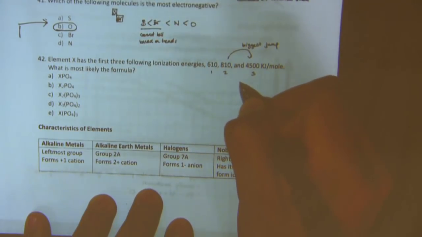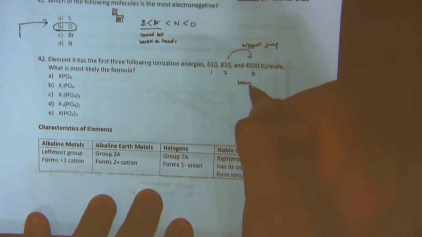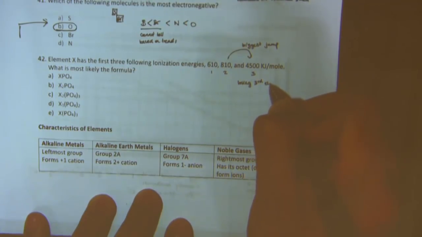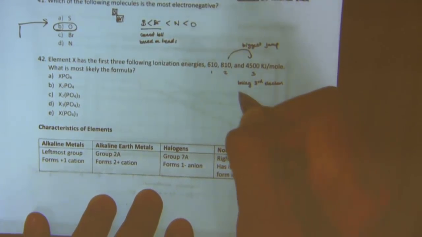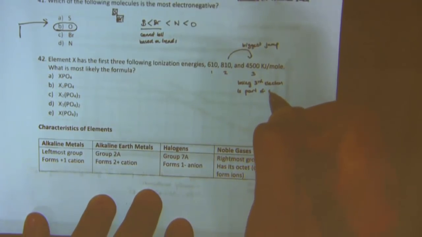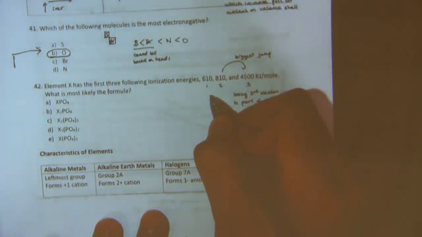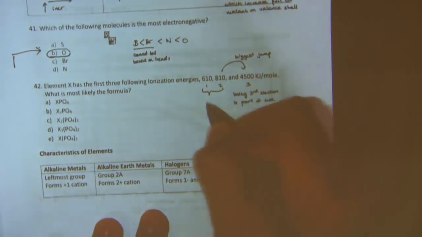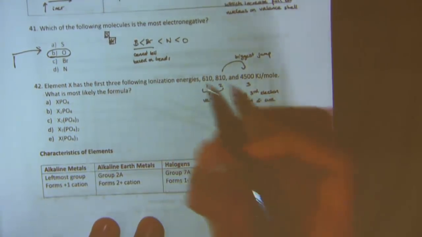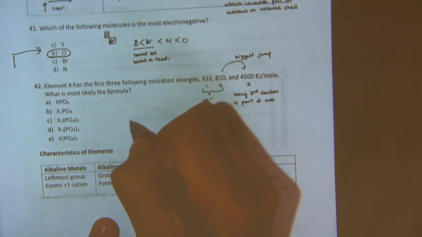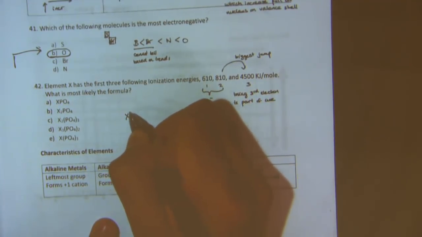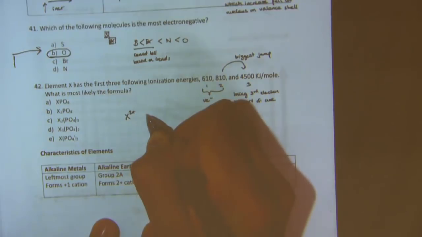So therefore, losing the 3rd electron kind of ate into the core, so it was part of the core. With that being said, we can determine from these that these are your valence electrons, and so our particular atom should have 2 valence electrons, right?